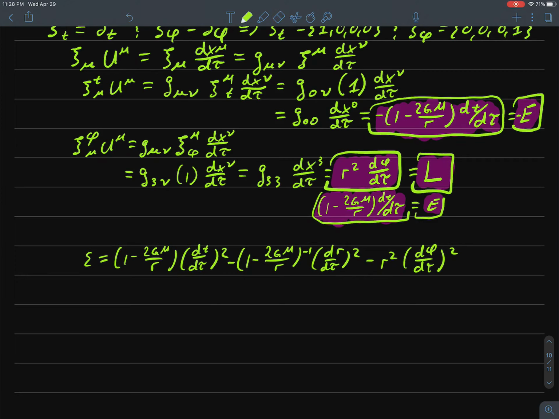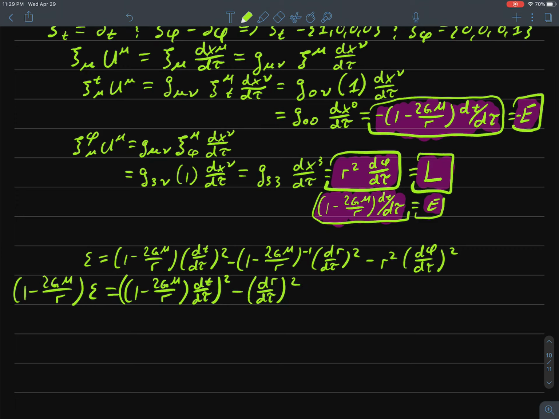So what am I going to do here? What I would like to do is multiply through by 1 minus 2 GM over r, the whole equation. Let's do that. So I'm going to have 1 minus, and you'll see why this is helpful in a minute. And so what I'll have here is this term squared minus, and here I'll just have dr d tau squared.